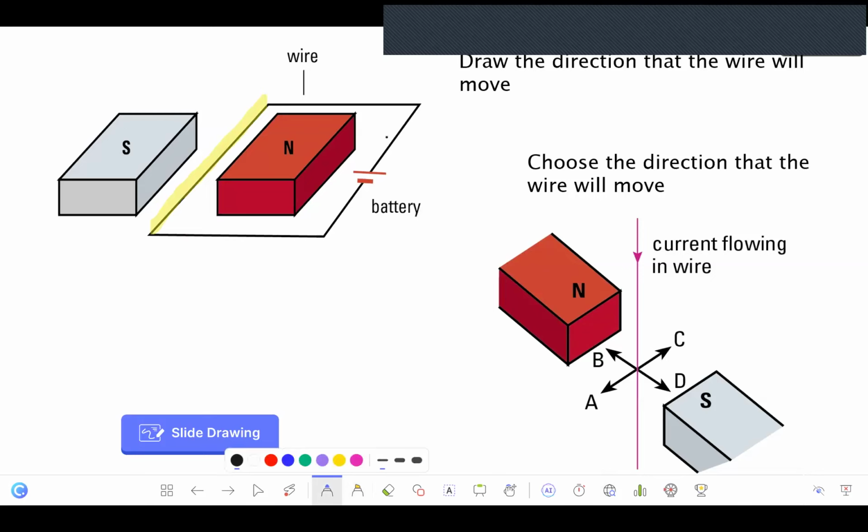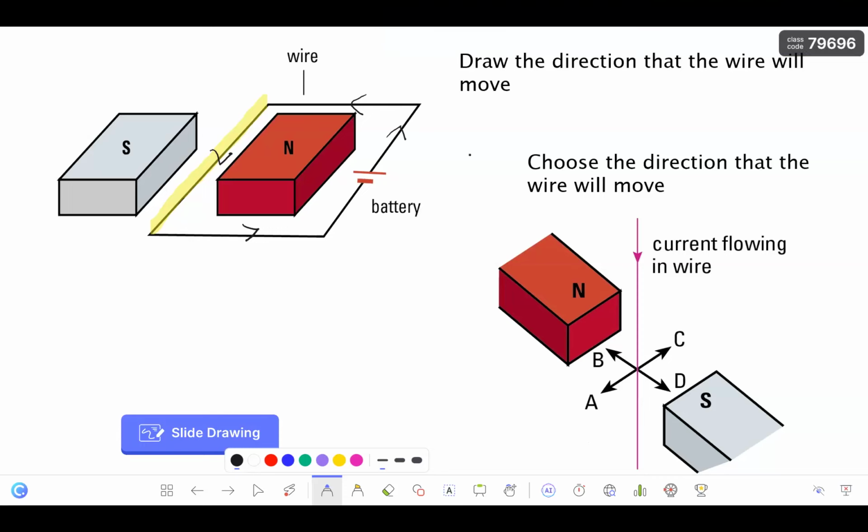So I'm going to trace my current flow. Over here is going up, over here is going to the left, and over here is going downwards, and here is going back to the right. Okay, I only care about the direction of the current in the yellow highlighted line that I've drawn. Okay, so if you were to use your Fleming's left-hand rule, north pole to south pole for a magnetic field, so my index finger points to the left, and then my current is flowing out of the paper.